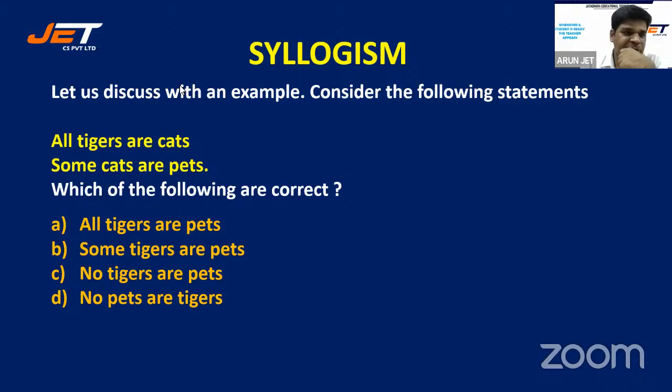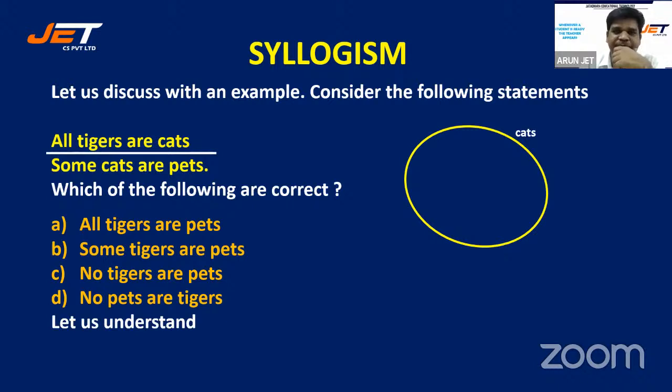Think about it. Okay, Vaishnavi says D, Shashank says D. See, from the given two statements, I'm supposed to conclude one of these. Let's see how we go about it. All tigers are cats. So here I've got a set of cats, and because all tigers are cats, the tigers lie within the circle of cats, diagrammatically.